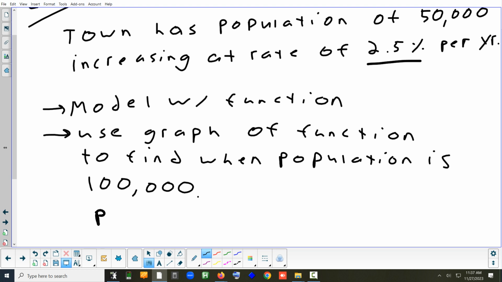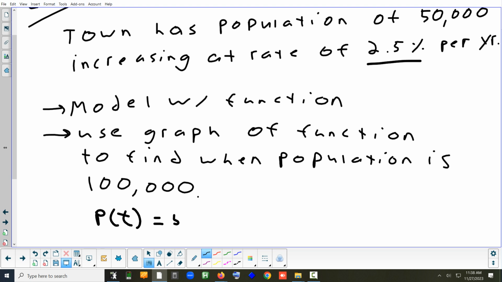So I'm going to use P of T, where P is population and T is time. So for exponential growth, what comes right after the equal sign? P, which is the initial amount. Yep. What's our initial population?